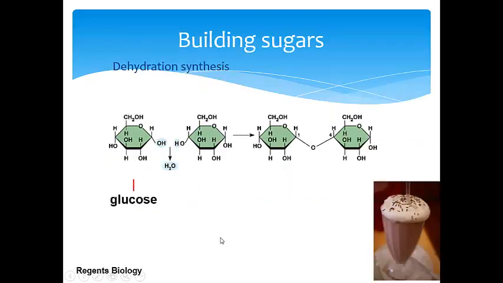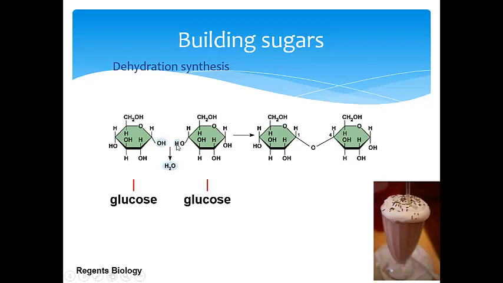Okay, so let's look at how this happens. We put these 2 guys together here. We've got one glucose here and another here, and I want to join them together by a condensation reaction. I want to do an anabolic reaction, meaning I'm taking 2 smaller sugars and putting them together to make one disaccharide. See this OH here and this OH here?